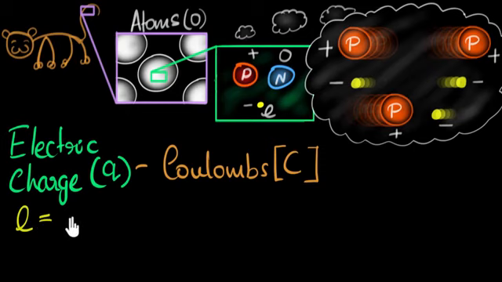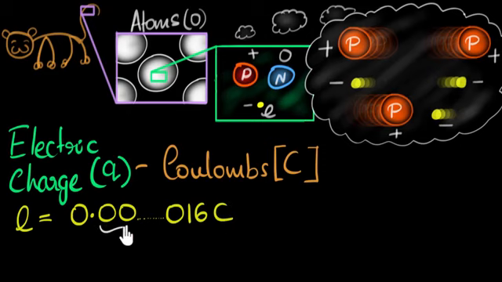Let's see, we write it as 0.00, and there are so many zeros, I can't write them all, 1, 6, and some other numbers, coulombs. The number of zeros over here is 18. There are 18 zeros in between. Just goes to show you how small the charge on the electron or the proton is.